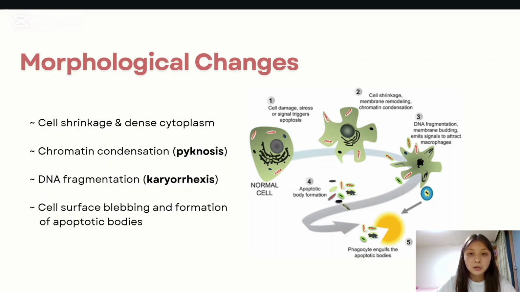After pycnosis, DNA starts breaking down, so DNA fragmentation occurs, and this process is called karyorrhexis. After this, the cell surface starts blebbing, and it forms vesicles, which later turn into apoptotic bodies.